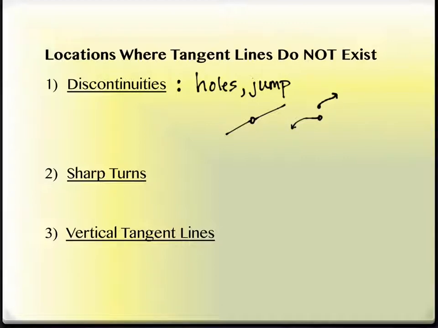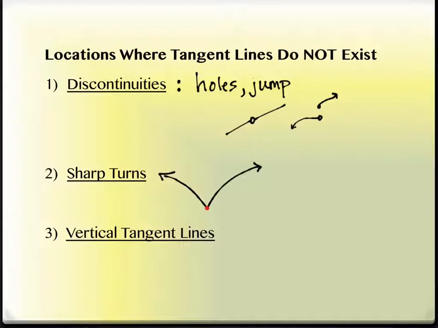The next one is one we have not seen happen yet, but I'd like to argue why it can't. Anything that's a sharp turn. If it's not smooth, smooth and continuous are not the same thing. This is definitely continuous, but it is not smooth. There is a definite change in direction at that point. It turned. If you can imagine trying to draw tangent lines on either side of this, you run into problems.